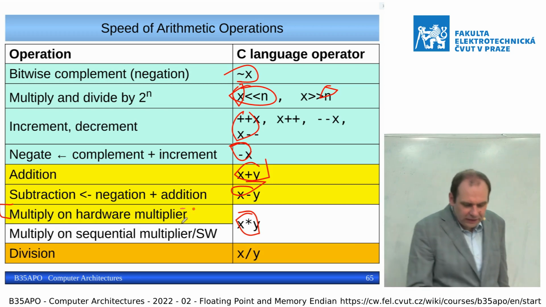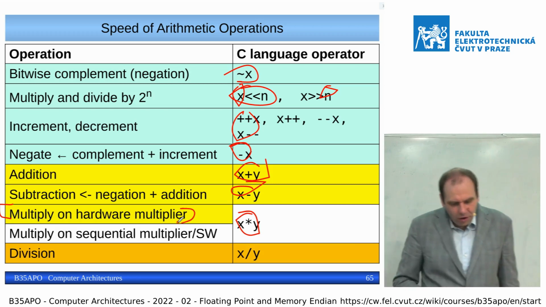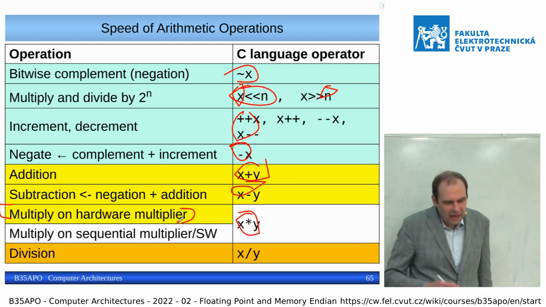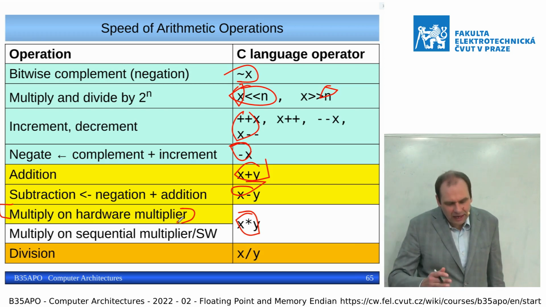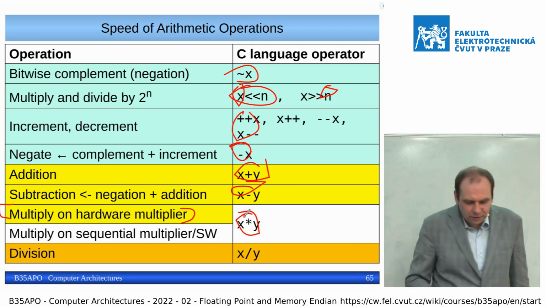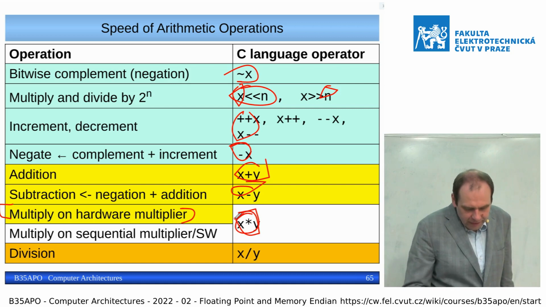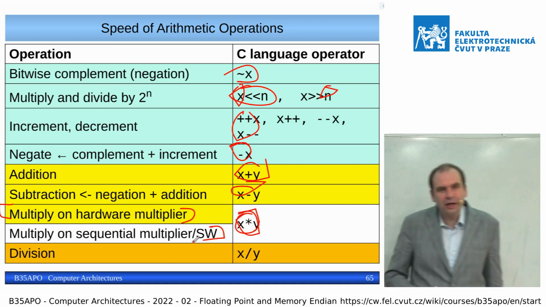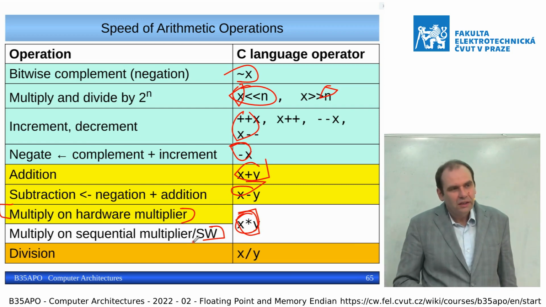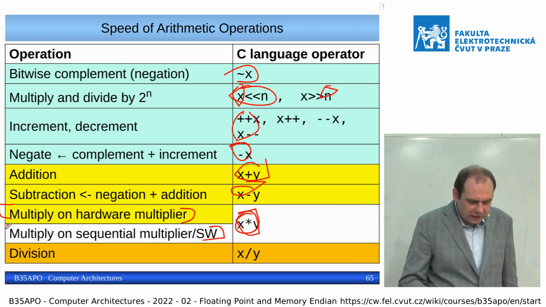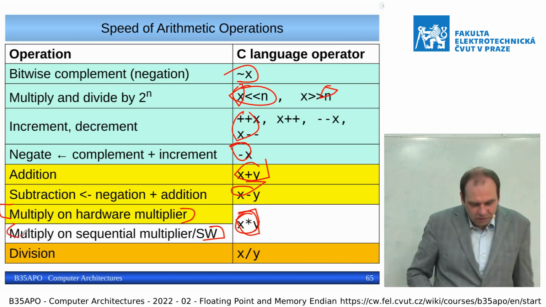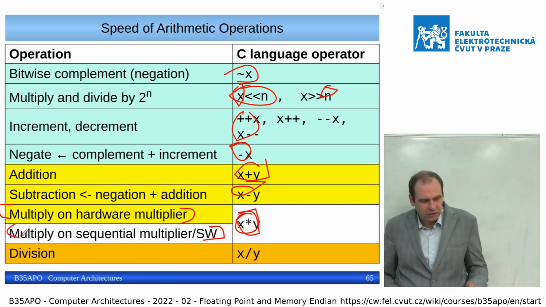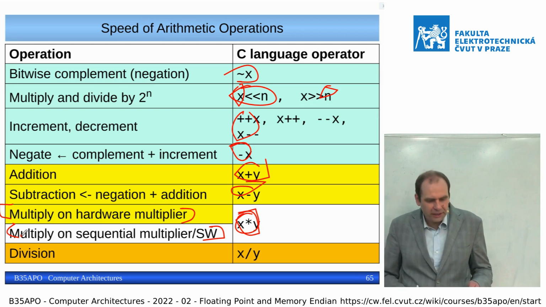Then the hardware multiplier usually on today's CPUs with that Wallace tree and carry save adder and so on has usually complexity, no, the time to provide the result and latency similar to the addition subtraction. At the moment when you do not have it, for example in our simulator we do not have multiplication and division yet, then in such case the multiplication is much more complex than addition.